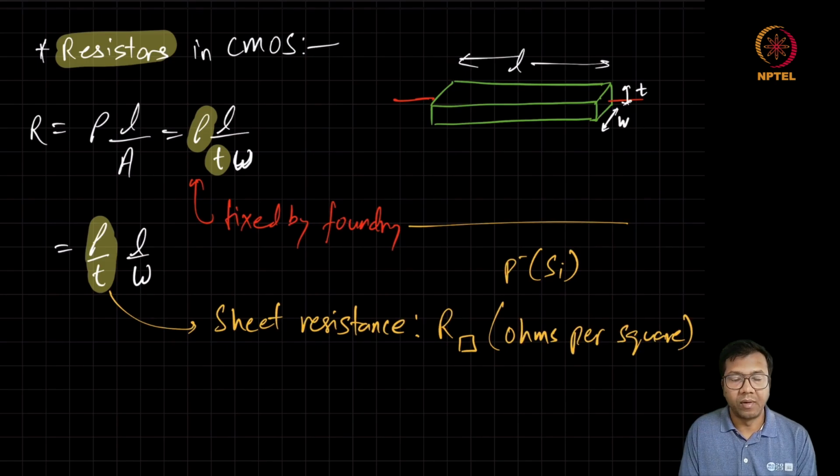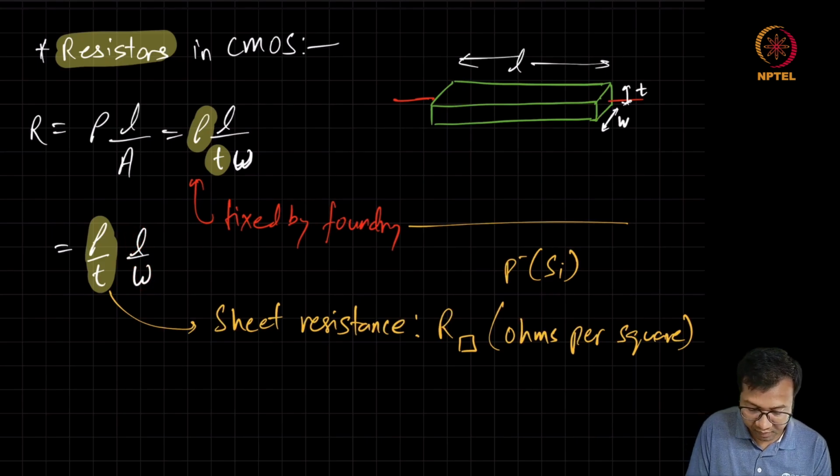When we are trying to design a resistor, it is very convenient to just know the sheet resistance. If you know the sheet resistance is, let's say, 1 ohm per square, then I need a length which is, let's say, 10 times the width to design a 10 ohm resistor.